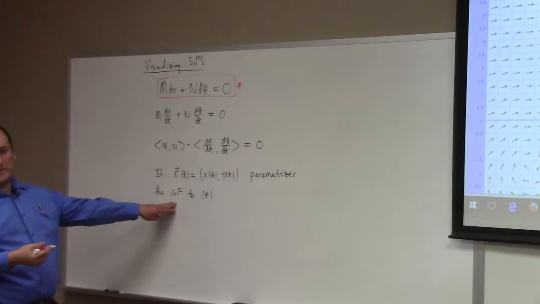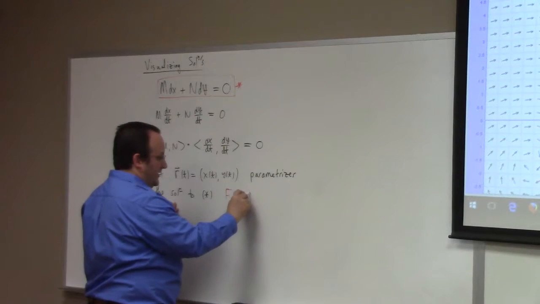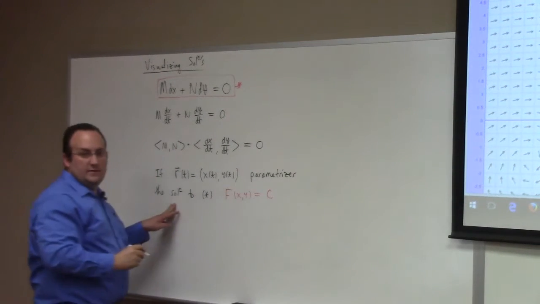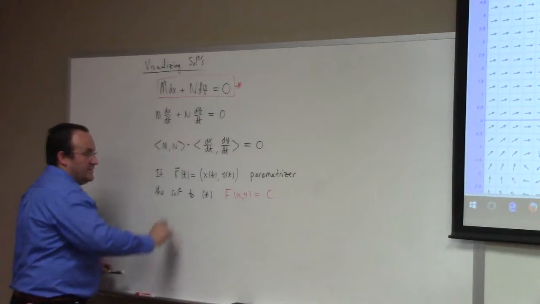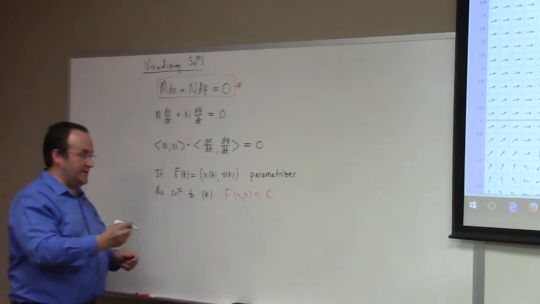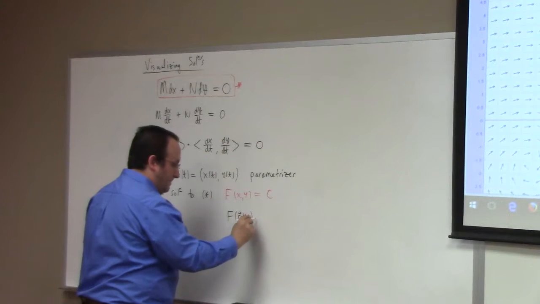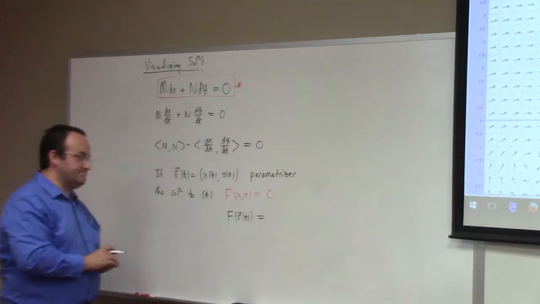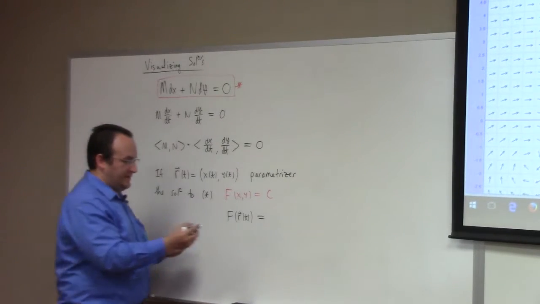What does it mean, a parameterization of this? What's the solution to star? The solution would be something like f of x, y equals a constant. That's a level curve. What does it mean to parameterize a level curve? It means that if we plug in the parameterization, we'd have f of r of t equal to the constant.